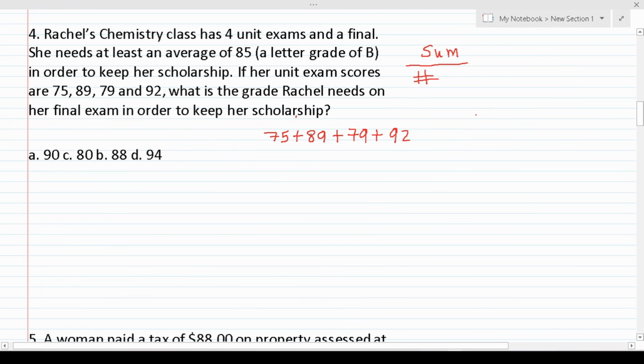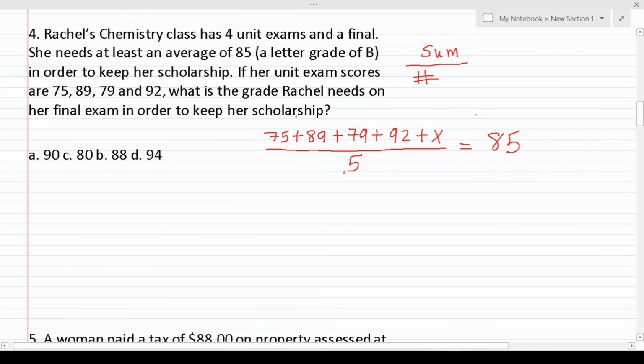And again, she took 1, 2, 3, 4, 5 exams because we want to figure out what her 5th exam score must be to make her average 85 or better. So we're going to represent that unknown exam score as X. And as I said, average is the sum of all the numbers divided by how many numbers there are. There's 1, 2, 3, 4, 5 numbers, including the unknown one, X. And her average must be 85 for her to keep her scholarship.